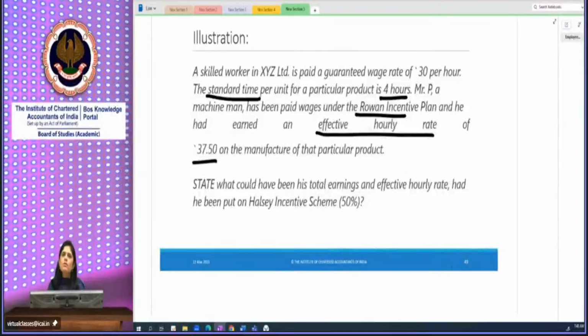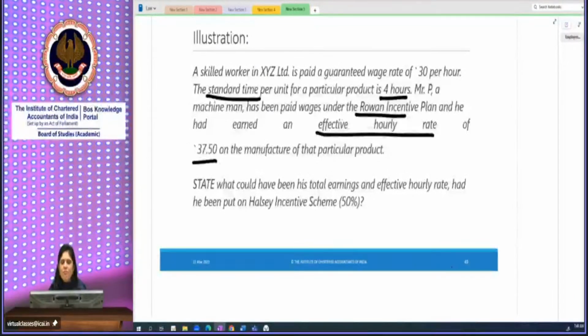Clear? So the total wages you are getting divided by the actual hours you have worked, that is how you calculate effective hourly rate. So the effective hourly rate is 37.5.